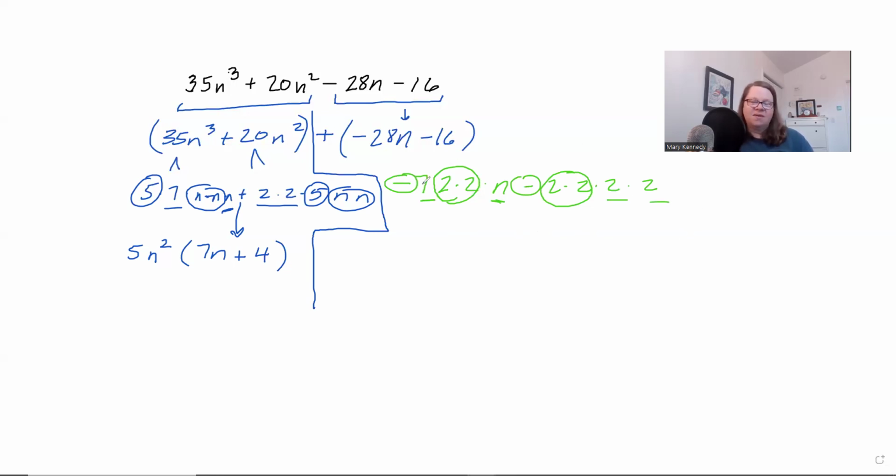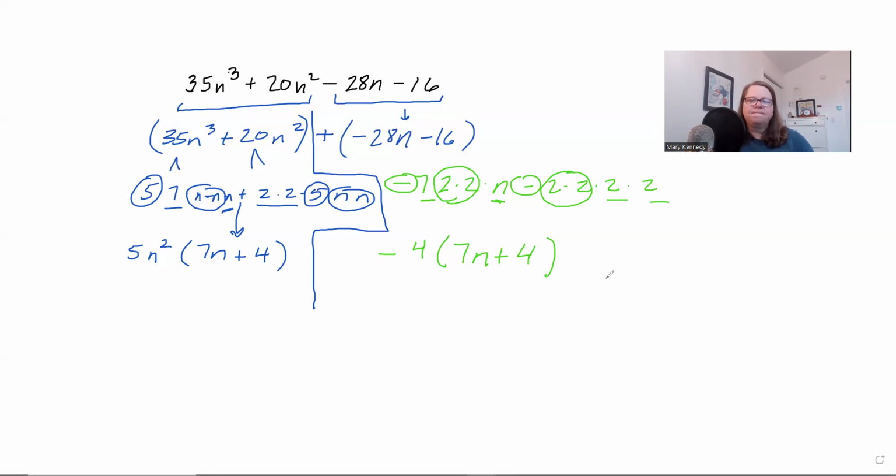So what's circled is negative 2 times 2, which is 4. That's all that's in common. So what's left is 7n, and then over here, a 4. Now, remember that these are separate terms, so we need to separate them with a plus sign because the negative was in common, so the negative came out.